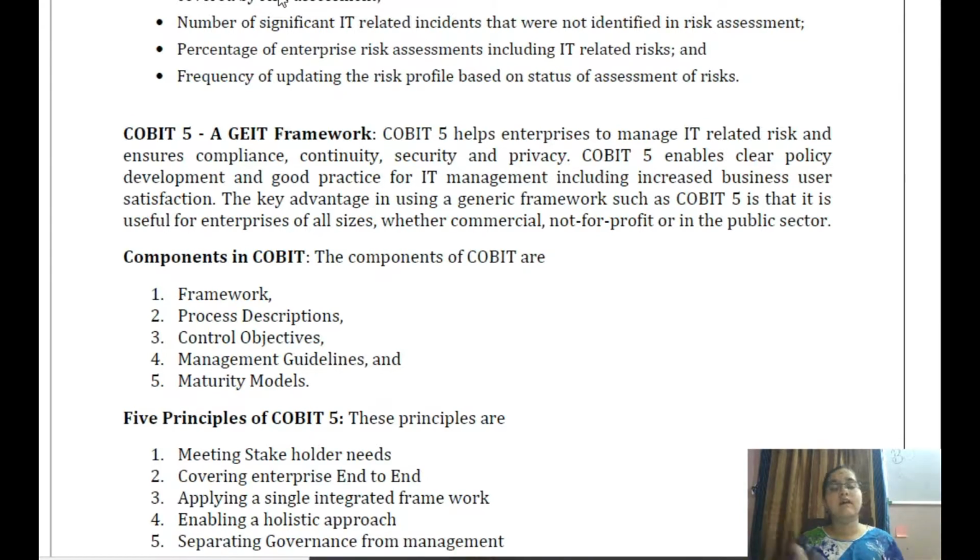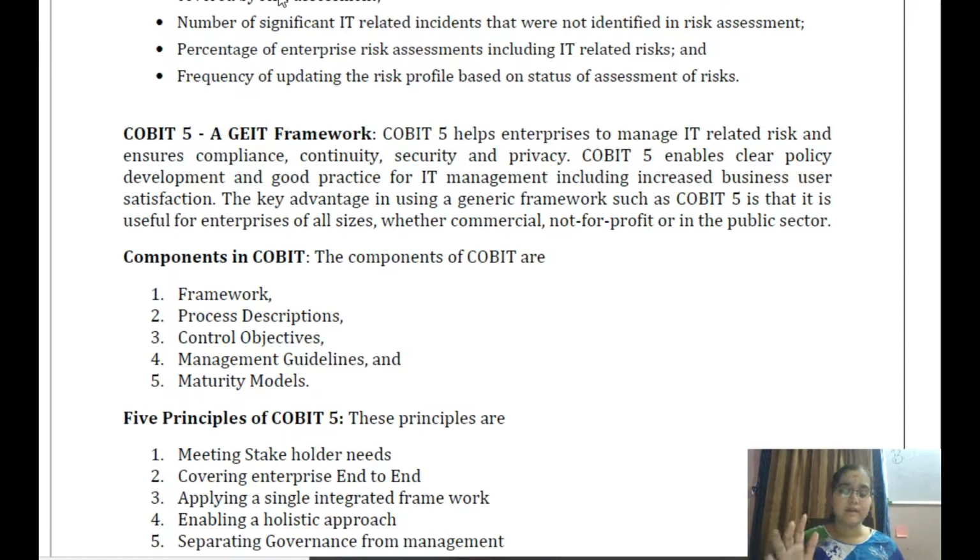So it will get aligned with other frameworks like the Information Technology Infrastructure Library, or The Open Group Architecture Framework, or ISO 27001. These frameworks all help in managing IT, right? So COBIT 5 automatically tries to integrate with these structures, so that the IT practices in other departments can be aligned with COBIT 5.